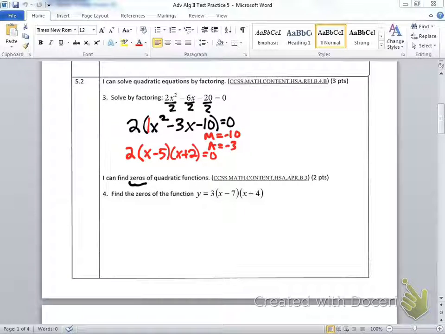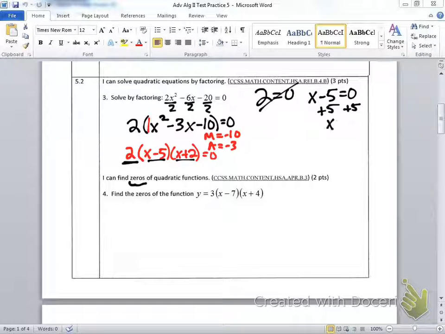Now, to find the actual solutions, we set each of these equal to 0, and we solve for x. Normally, you would also set the GCF equal to 0. Does 2 ever equal 0? No, so we actually don't get an answer up there, but it's still important to look at. x minus 5 equals 0.